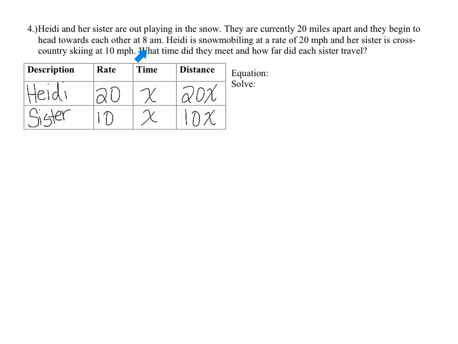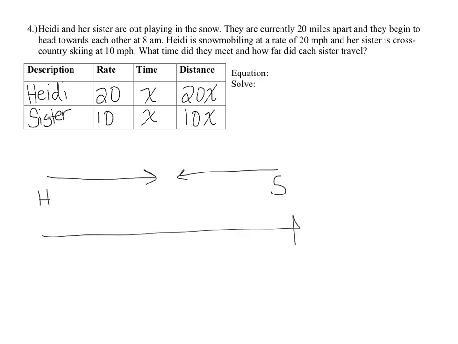So before we answer this question, let's come up with the equation, and the equation is always going to be done with the distance column. So if you think about it, this one says that they're going towards each other. And how far apart are they? So they're in two different places. So let's say Heidi is here and her sister is here, and they are a total distance away from each other.